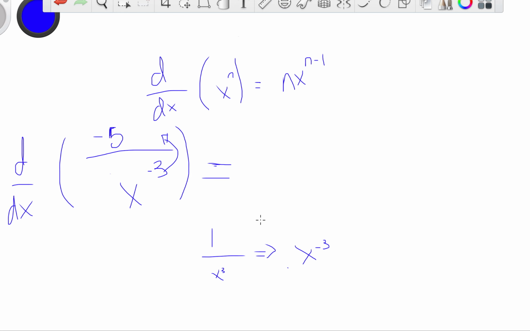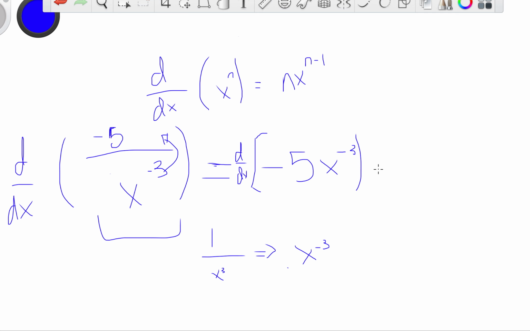So then we can safely say that this little chunk is equivalent to this chunk. And I keep on forgetting to write this, and it's probably going to confuse some people. x to the negative third, right?